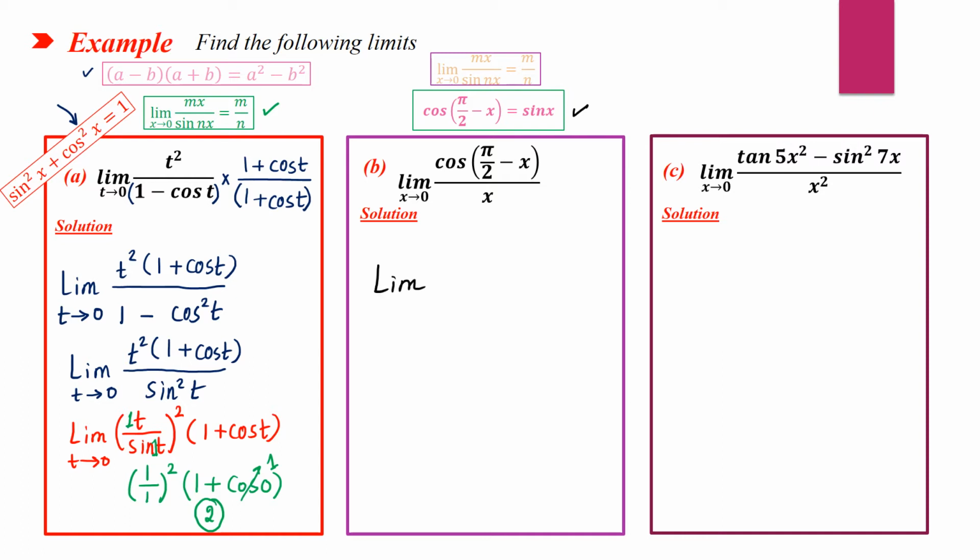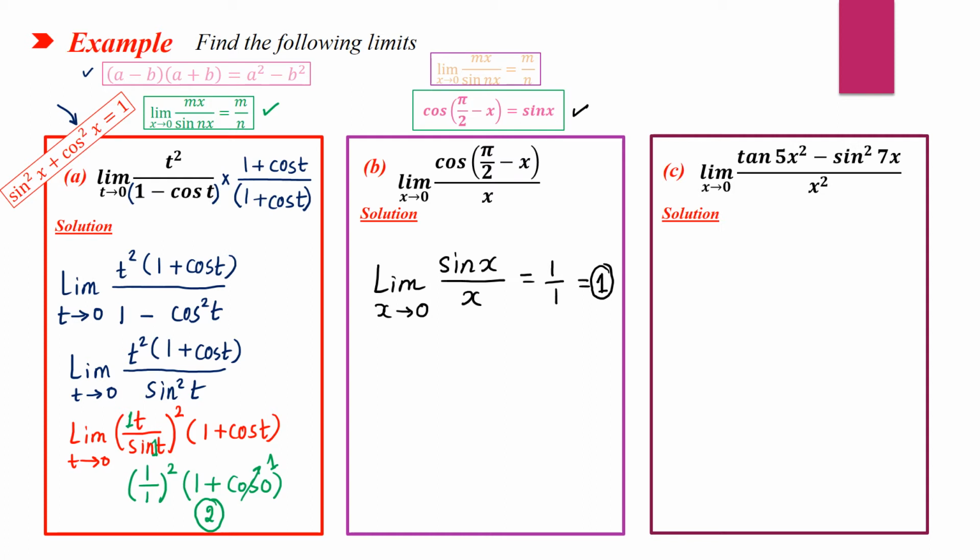So we can rewrite this limit as sine of x over x when x goes to 0. Now sine x over x means sine 1x over 1x. So it will be 1 over 1, which equals 1.